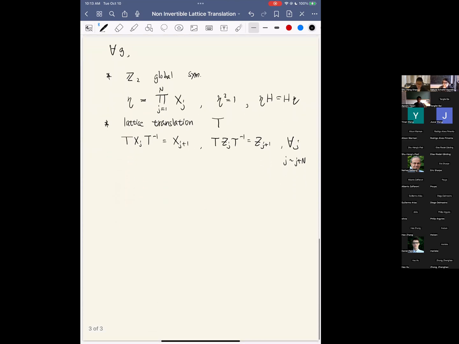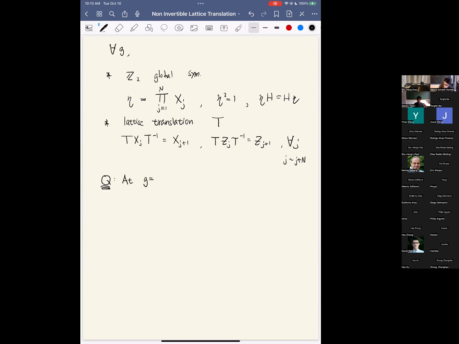The question we would like to ask in this talk is what happens at g equals 1? So let me put the question here. Many people have asked this question, even starting from the time of Kadanoff, but we are going to formulate the question in a slightly different way.